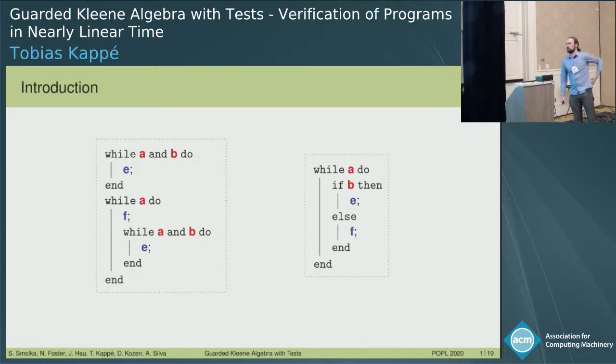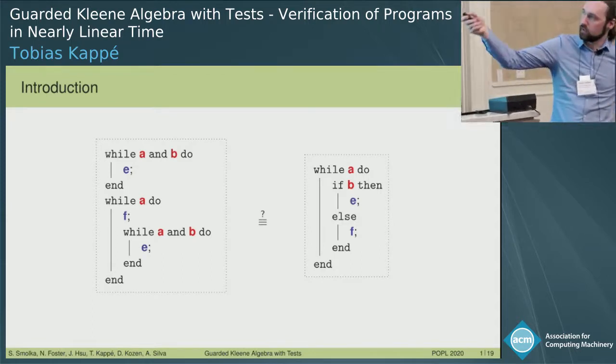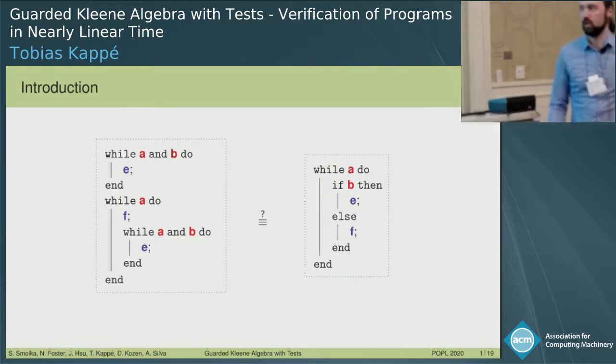And then you wonder, can I prove whether these two programs are equivalent? And moreover, can I check this mechanically? And more precisely, can I check this for any realization of the variables for the predicates in the code that we put in there?